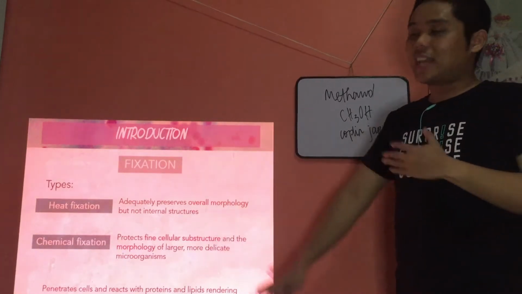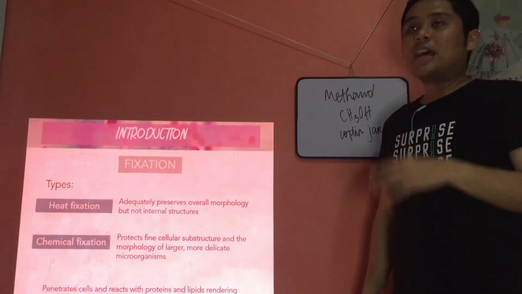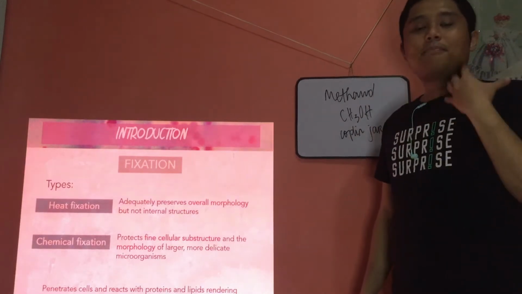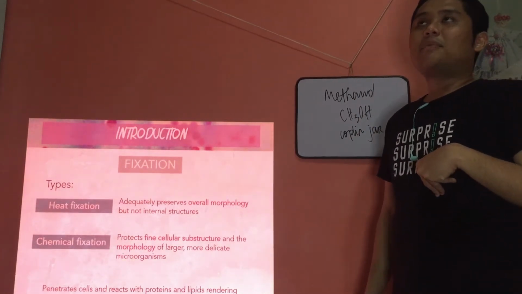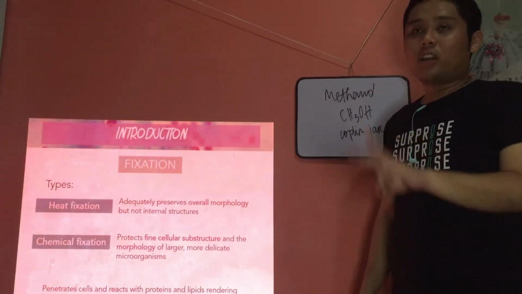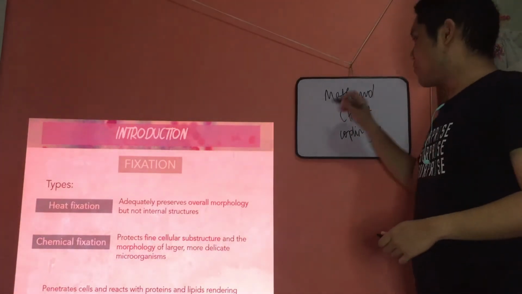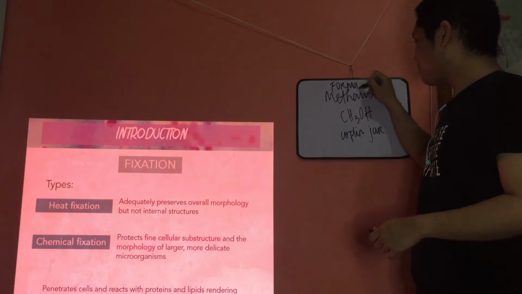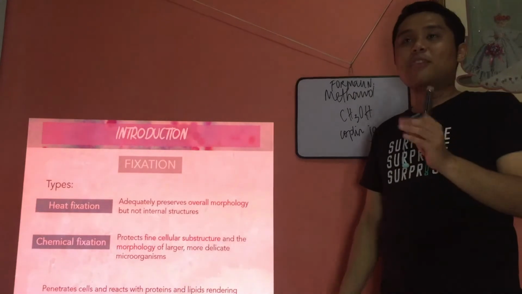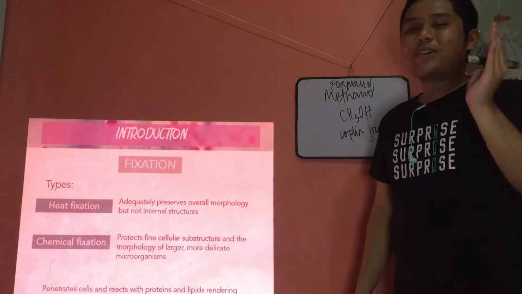So fixation kills your organisms. That's why in your internship in the future, if you have specimens, for example body fluids like pericardial fluid or pleural fluid that have a request for microbiology and a request for histopathology, before you add formalin, which is an example of chemical fixation, you must make sure that this specimen has already been cultured first.